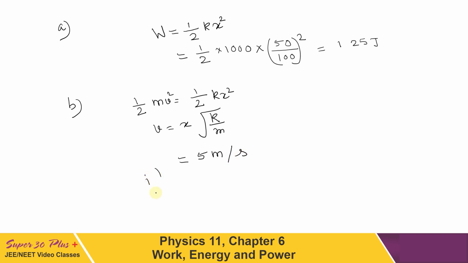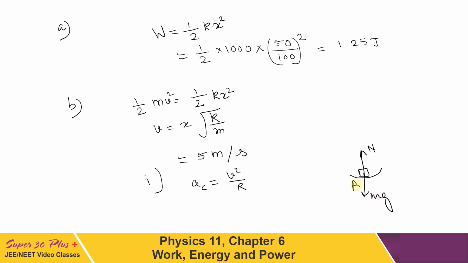Now for the first part, if it crosses A, its path becomes circular and it will start experiencing a centripetal acceleration. As we all know, centripetal acceleration has to be equal to v square by r. So at this point A, normal has to be in the upward direction and mg has to be in the downward direction.